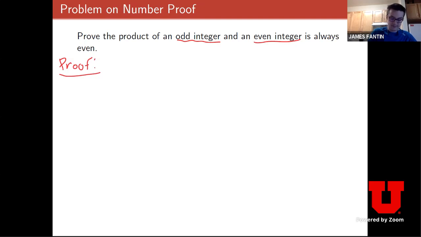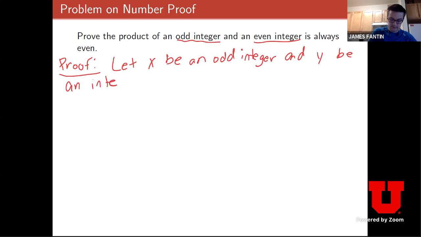Let x be an odd integer and y be an even integer.